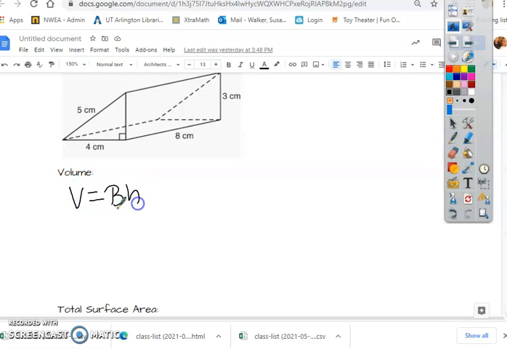And remember, we do the 5V method. Remember that we have two H's. This is the prism height because it connects the two triangles. So, the first B is, what's the shape of the base? Well, we already know that, right? We've already talked about that.